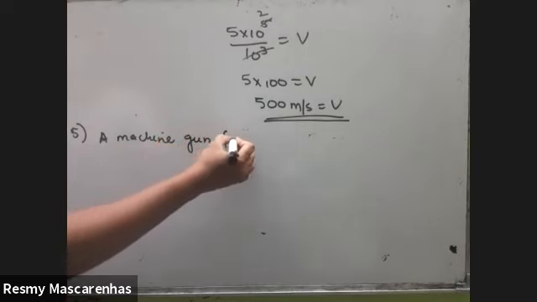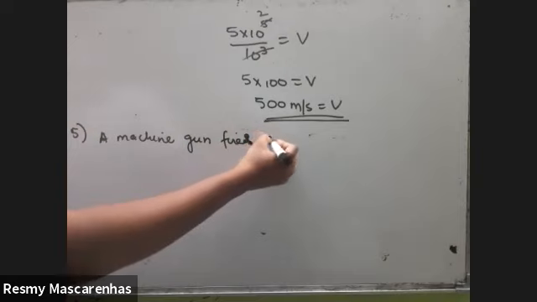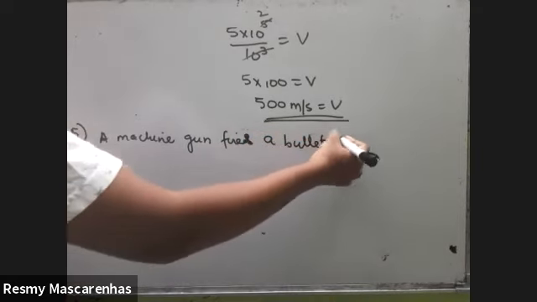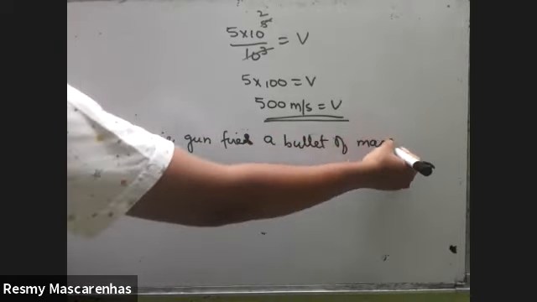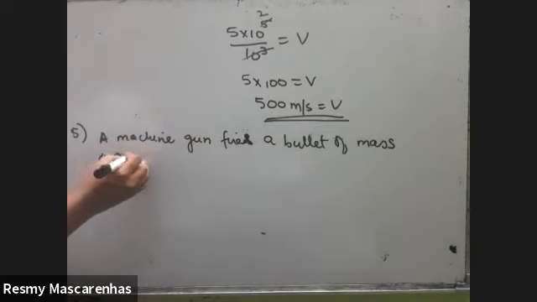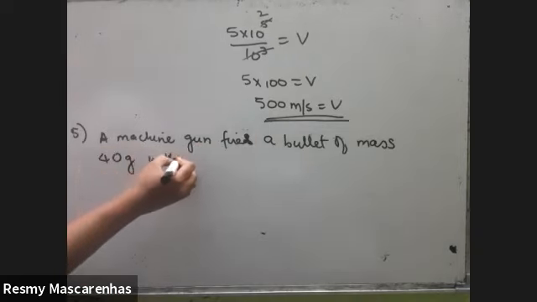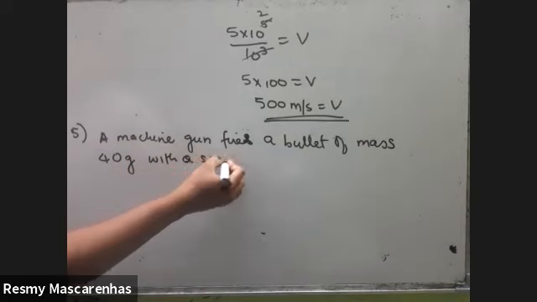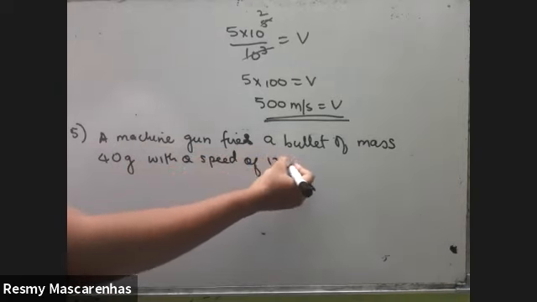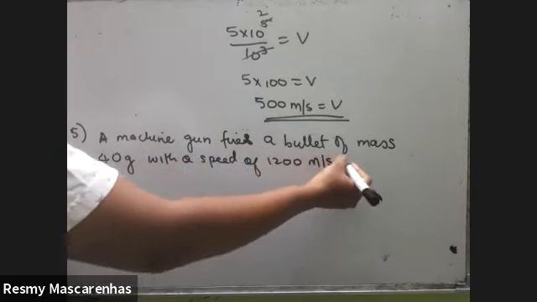A machine gun fires a bullet of mass 40 grams with a speed of 1200 meters per second.